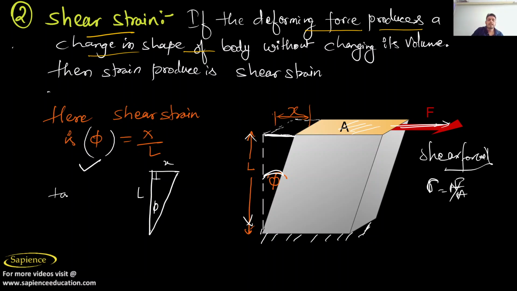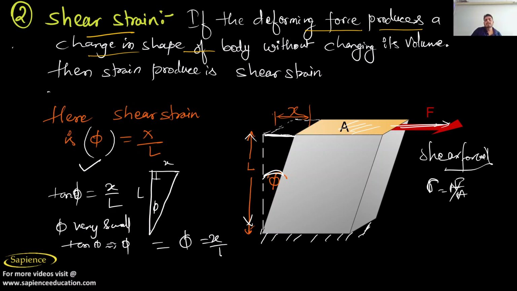So can we write tan phi is equal to perpendicular by base, that is equal to x by L. Now if phi is very small, then tan phi can be written as phi. So it means that phi is your x by L.